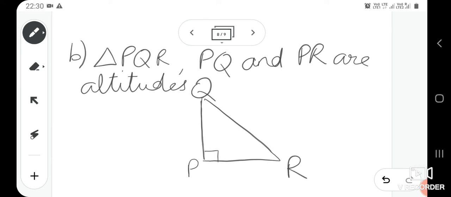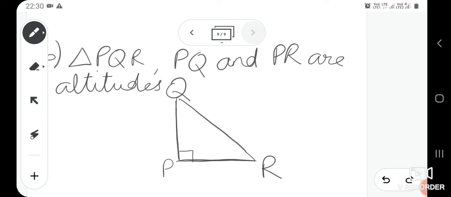Here this line PQ and this line PR, both are altitude. Because if you rotate the triangle, then PR will become altitude, and if you keep it straight, PQ will be altitude. So we can draw right angle triangle in this case when there are two altitudes.